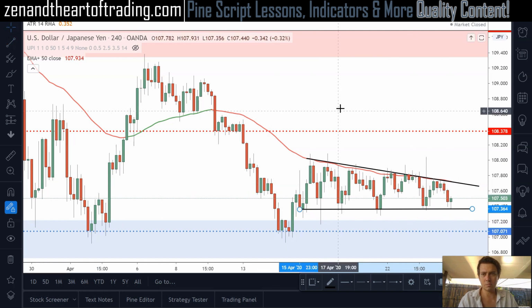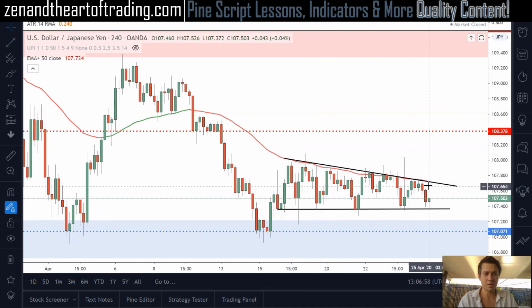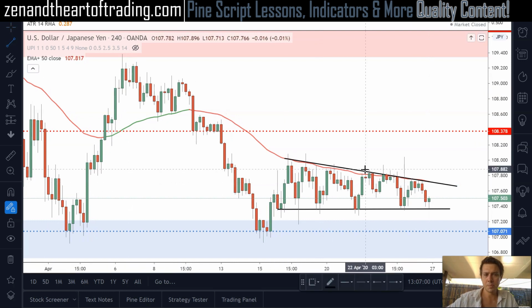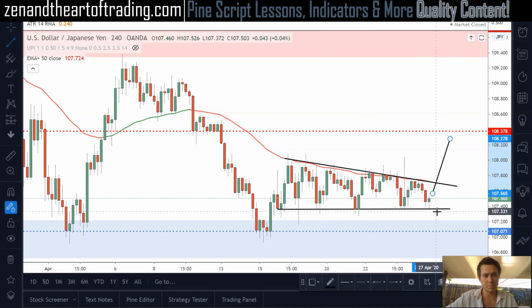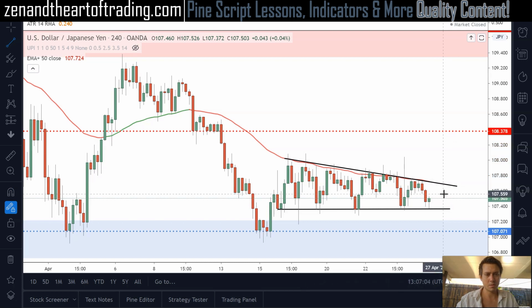And sometime next week, I would anticipate volatility expanding on this pair. I'm not really sure if it's going to break out to the upside or the downside. Well, we're not sure of anything in trading, but this pattern here would lead me to believe that we're headed lower.